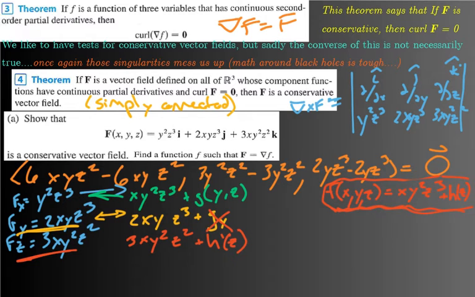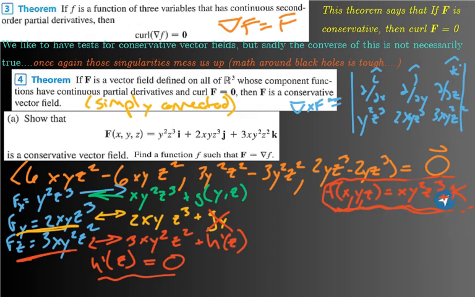And so now if we compare it to this right here, you can see that h prime of z must equal 0, right? And that means that the only thing it could be over there is just a constant, right? Because when you take the derivative it equals 0.